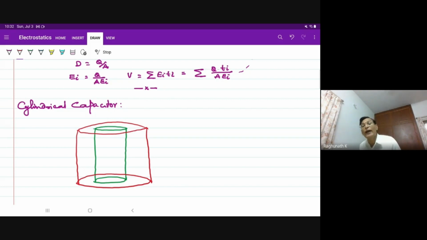Ultimately, for a particular application where you need to design a coaxial cable, you should know the way in which the dimensions and the medium used affect the basic parameters of the transmission line. So we need to derive the expression for the capacitance of a coaxial line, which is as a capacitor, a cylindrical capacitor.